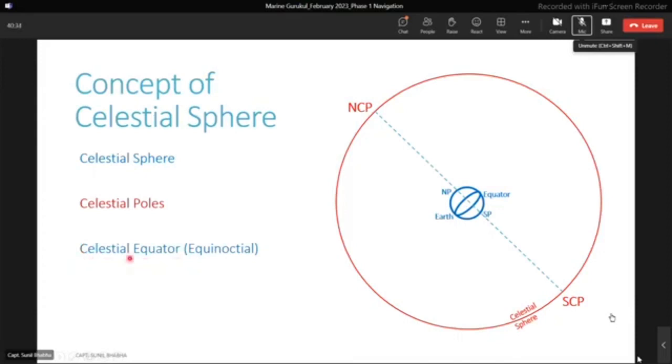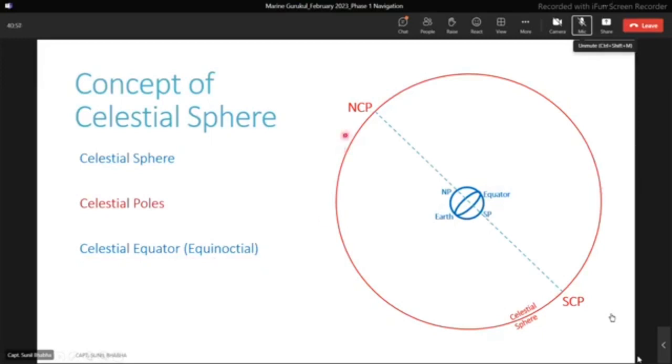You can see the resemblance in the names. We have the equator on the Earth's surface, and when it goes to the celestial sphere, we call it the celestial equator. Another name, which is more common in navigation, is the equinoctial. So we also call it the equinoctial.